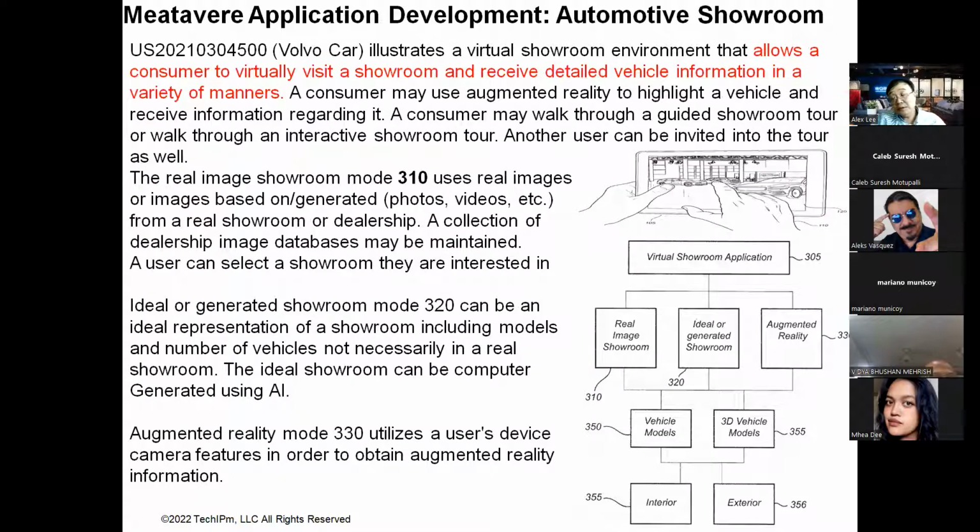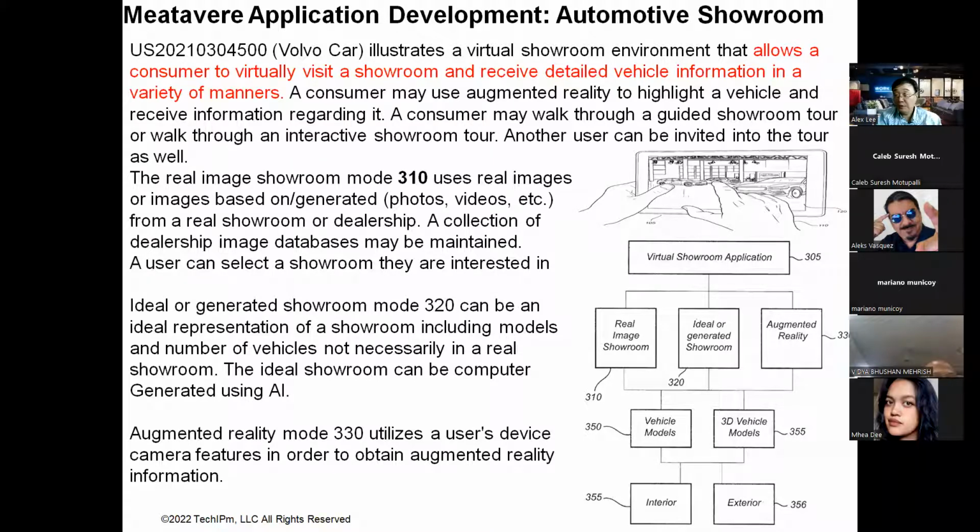This is another very popular one: the automotive showroom. You can see, for example, what Volvo provided. They provide a digital twin showroom, mirroring your actual showroom, or one that is completely virtual.